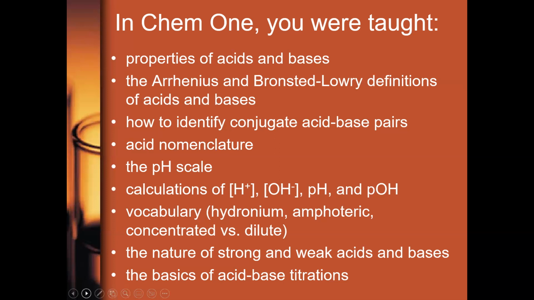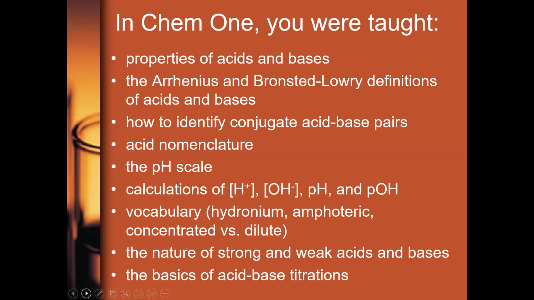Looking at strong and weak acids and bases, we dealt with this back in Unit 4 as well. So remember, strong acids and bases ionize completely, so they completely split into ions, whereas weak acids and bases only split apart a little. Most of it stays as the original substance. And some basics for acid-base titrations.